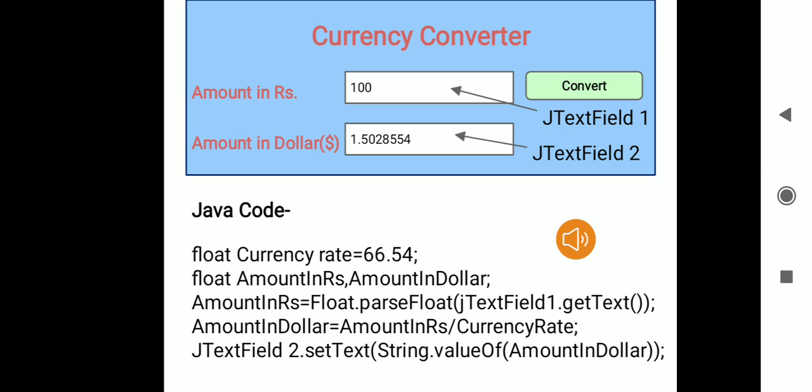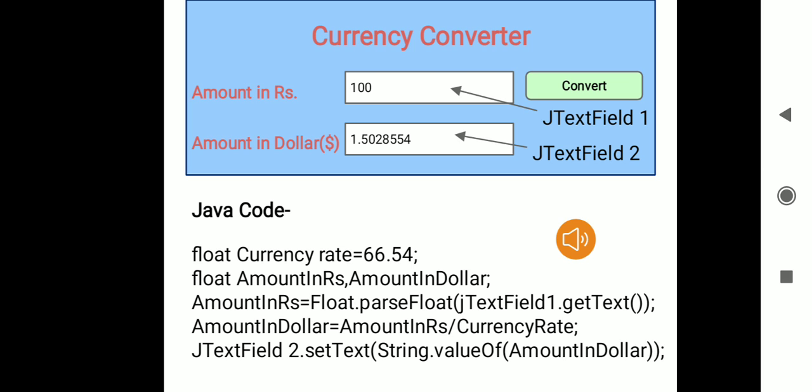Now once the value 1.5028 in the variable named amount in dollar gets converted into string, it can be displayed in JTextField2 using the setText method, and this is represented by the statement JTextField2.setText. Then within bracket you have String.valueOf amount in dollar.